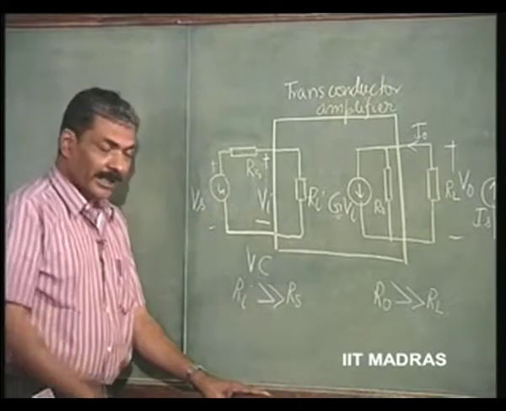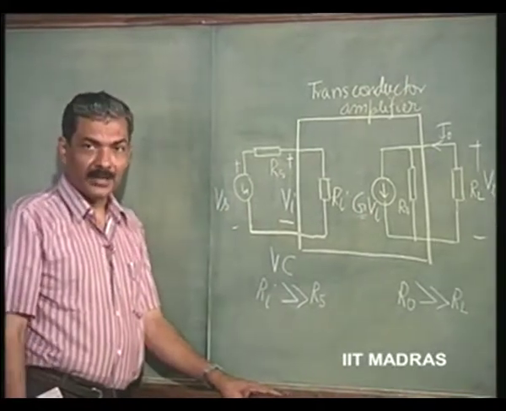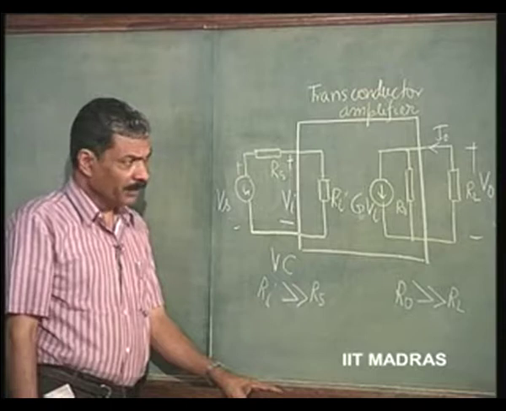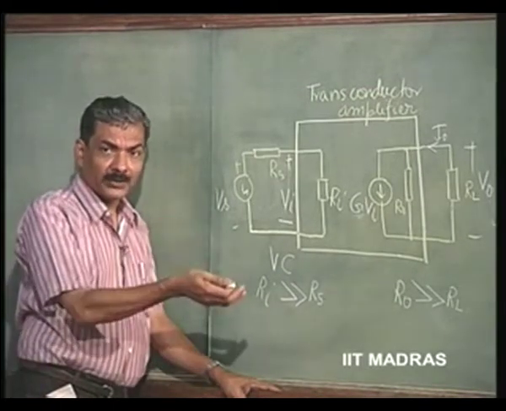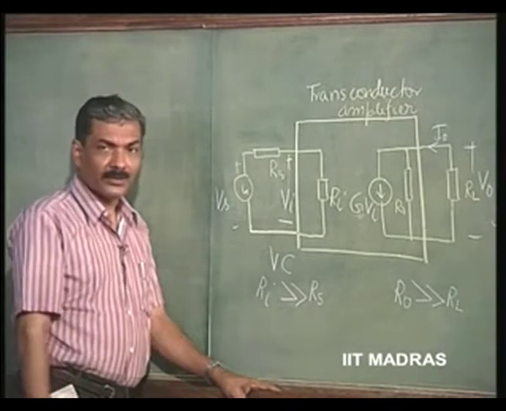So, here it can become voltage controlled if it is a common emitter amplifier. If it is a common base, on the other hand, it is strictly current controlled at the input and a current source at the output, and therefore, it is a current controlled current source.